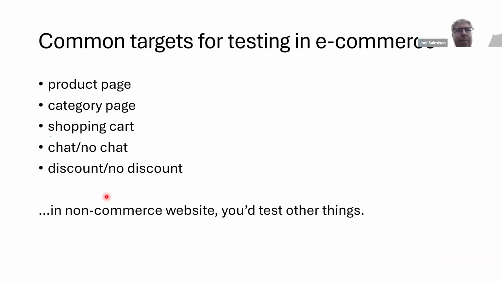So the product page template that all products are using, we try to improve that. Then the category page, which basically shows the products. And then the shopping cart, so the purchase process.